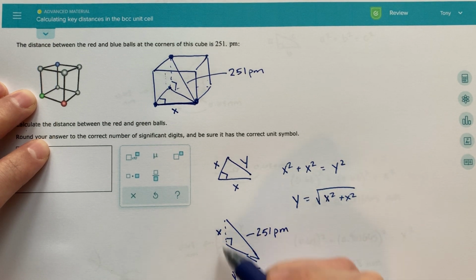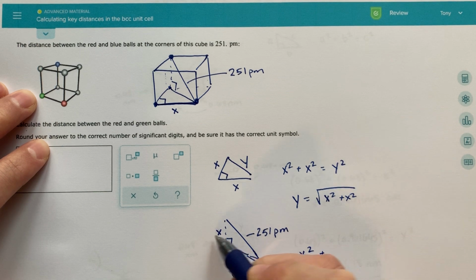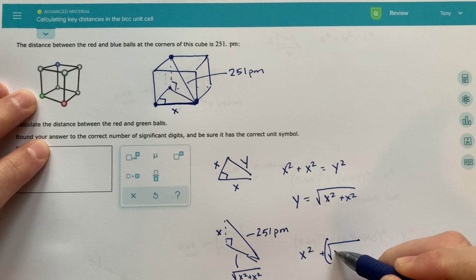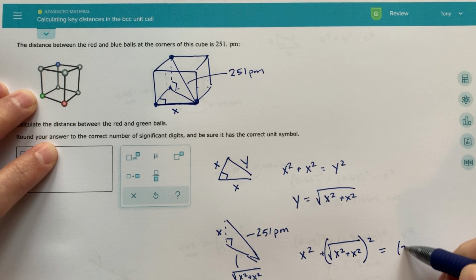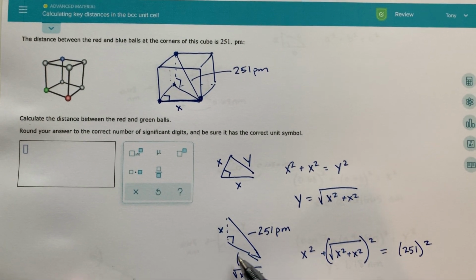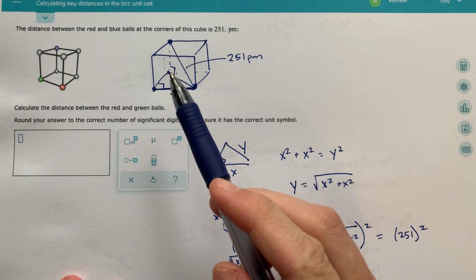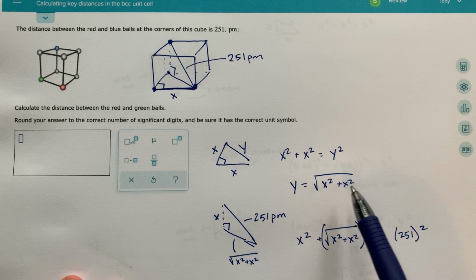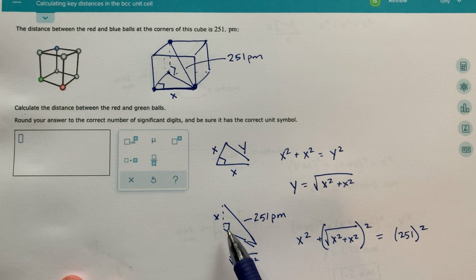So I could use this information to figure out, well, x squared plus x squared, square rooted, squared equals 251 squared. So if this is the distance here, x, and this is this distance, y, we know that y is x squared plus x squared, take the square root. So that's that distance here.